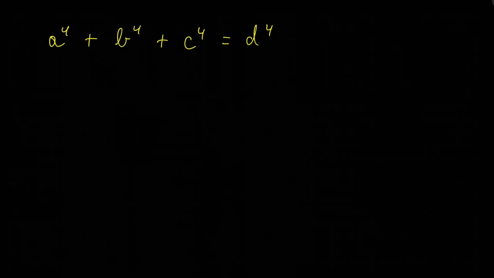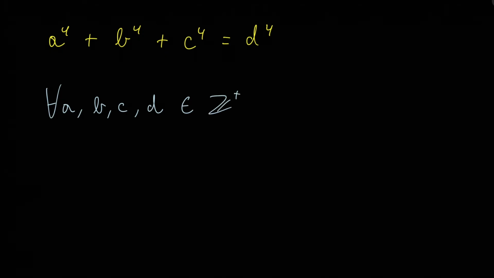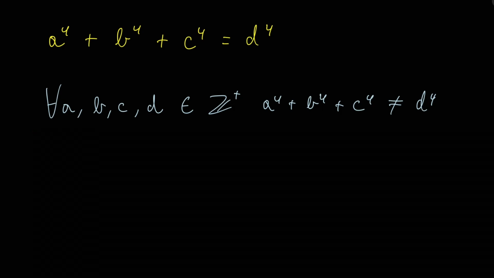In logical notation, we can write this as for all a, b, c, and d in the set of positive integers, a to the fourth plus b to the fourth plus c to the fourth is different than d to the fourth. This is a universal statement, so it claims that the equation is false for all choices of positive integers. It took over 200 years to prove Euler wrong.